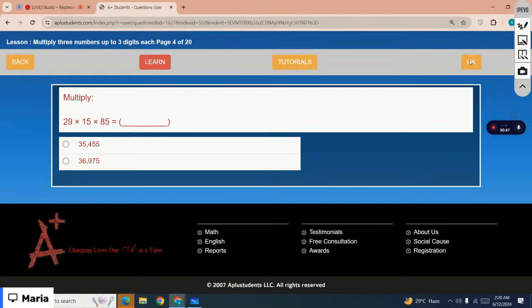You have to do 29 times 15 times 85. That is, the correct option is option number 2. 36,975 is the correct option. Option 2 is the correct one.